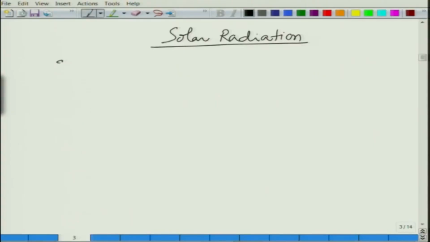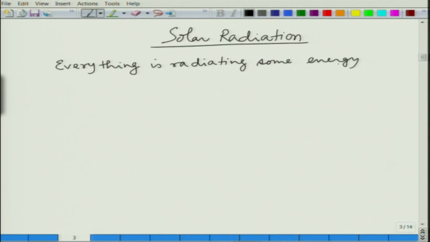So, that is the first principle we have to understand. Everything is radiating some energy. Okay. Now, here is a catch.